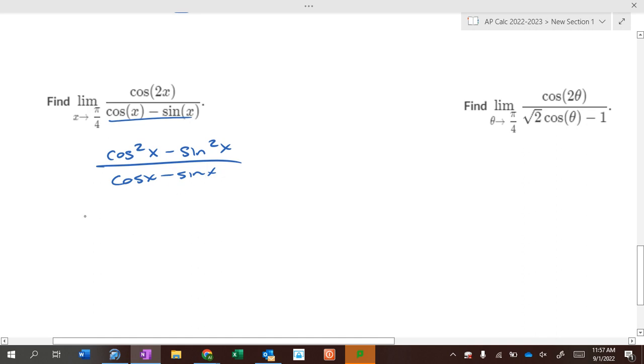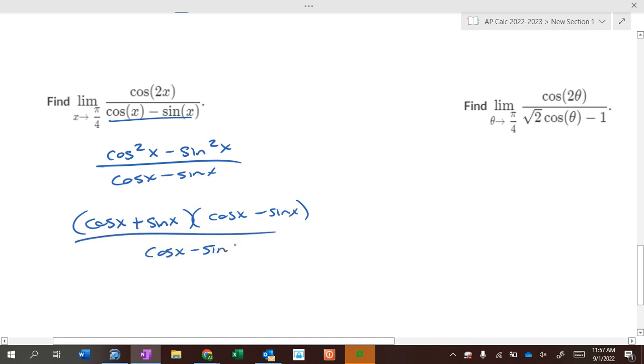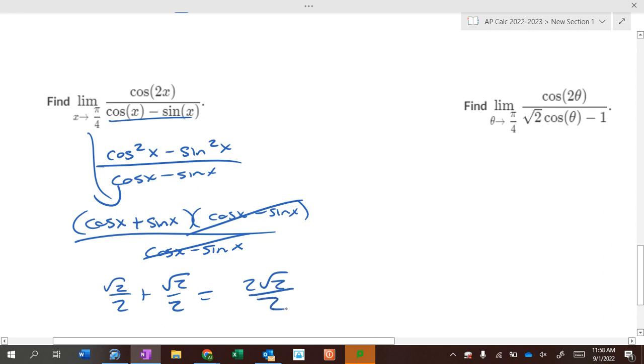How is cosine squared of x minus sine squared of x factor? And so if we put pi over 4 in there, it's square root 2 over 2 plus square root 2 over 2, which is 2 square root 2 over 2, which is just square root 2.